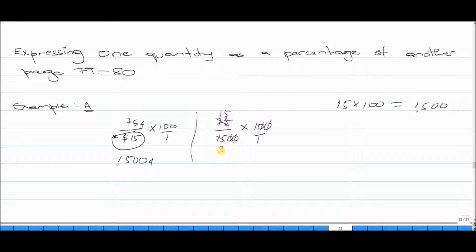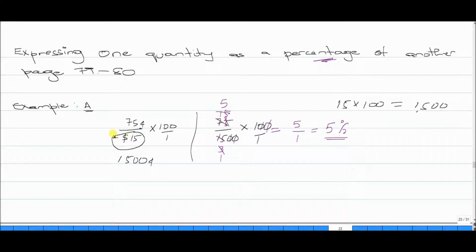Can we reduce any further? Yes, we could. 3 could go into 3 1 whole time, and 3 could go into 15 5 whole times. To finish off, we'd multiply our numerator by our numerator and our denominator by our denominator. 5 times 1 gives us 5, and 1 times 1 gives us 1. This is the same as saying how many times can 1 go into 5? It could go in there 5 times. And since we're finding a percentage, our answer should be in percentage.